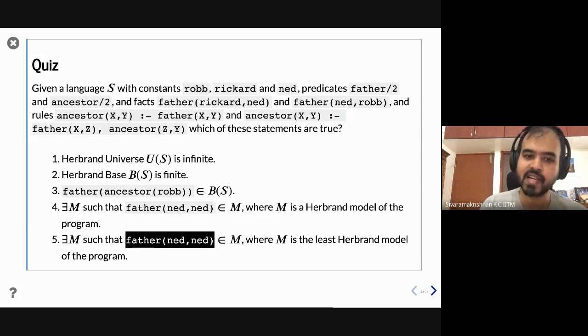You can even answer it intuitively, right? If it is a precise meaning, then according to these rules and facts, this is not true. But you can also go from the definitions, right? Least is the intersection of every Herbrand model, and the smallest model does not contain father net. Okay, that's good.